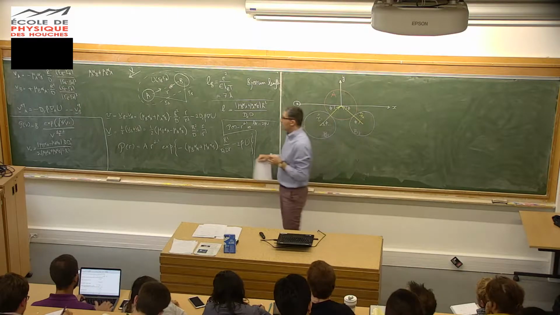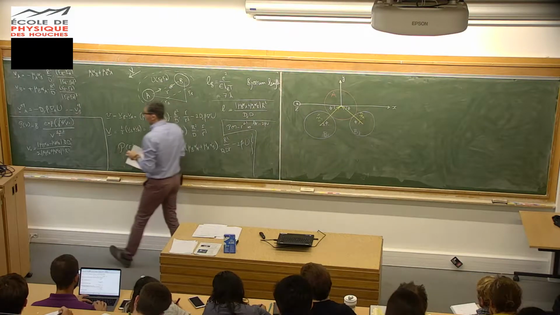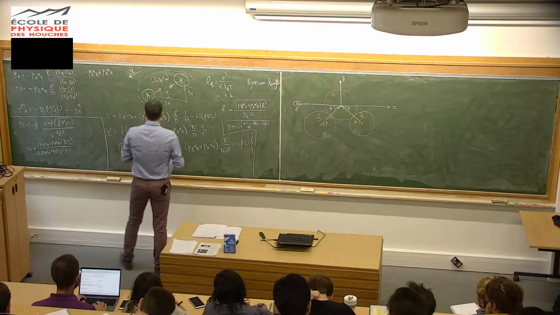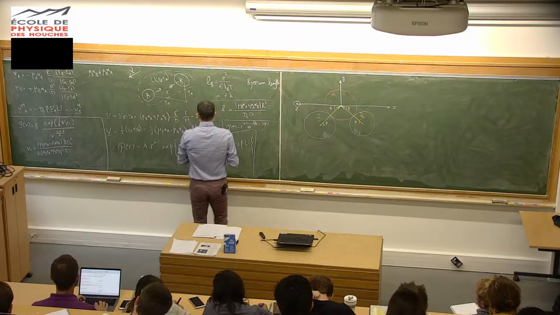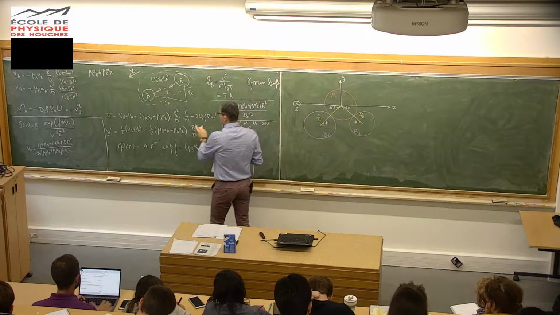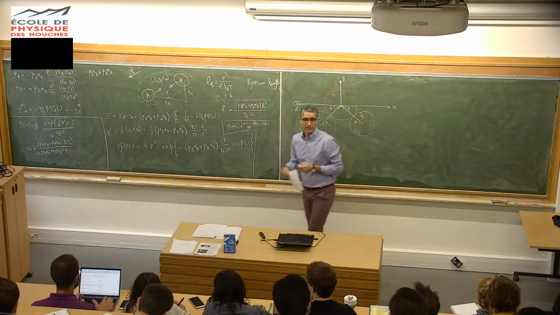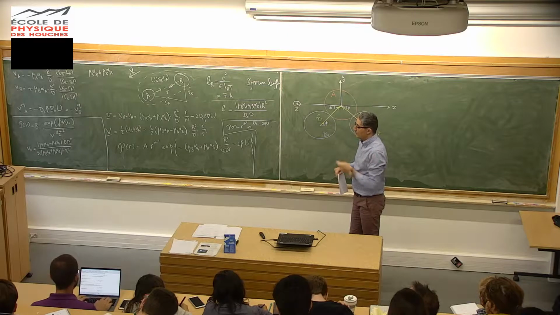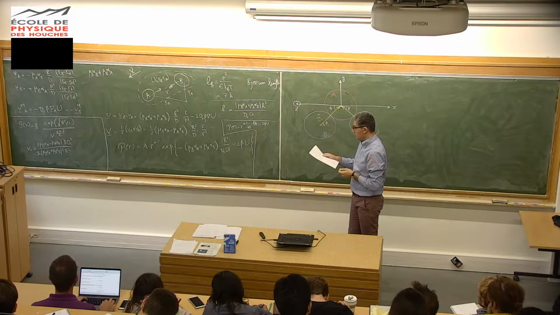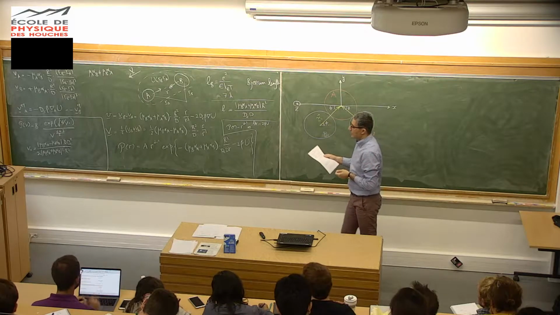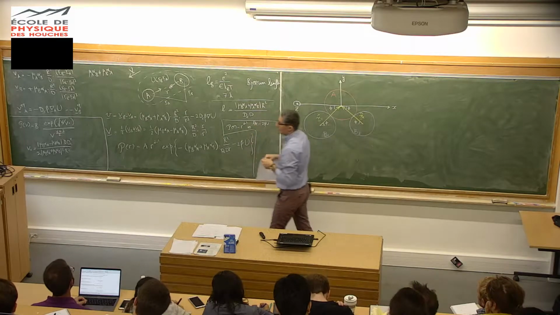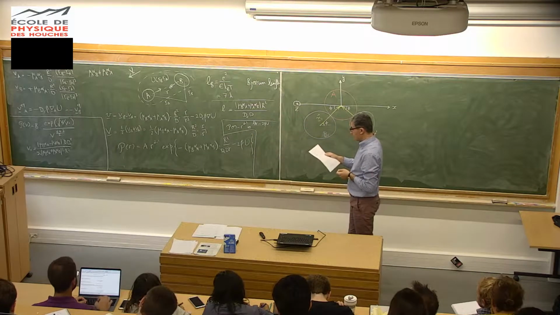So it will be cut off by a maximum value for the velocity, which is the value you get when you set small r to big R, and that's of the same order as the quantity called V naught. So V maximum will be of the same order as that, which means the exponential part will be a slowly varying function.